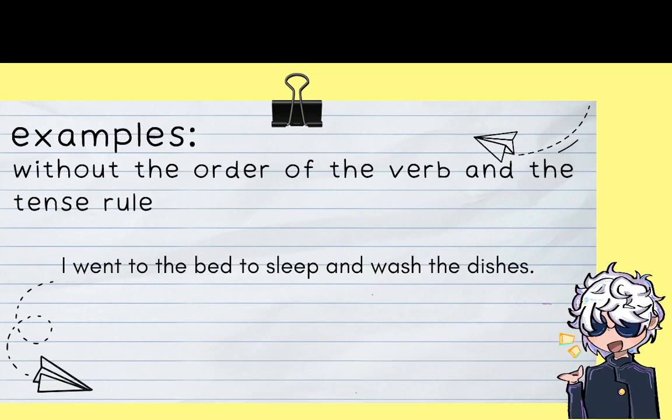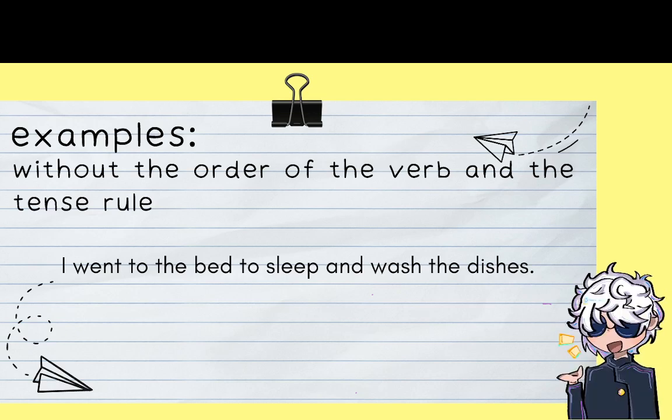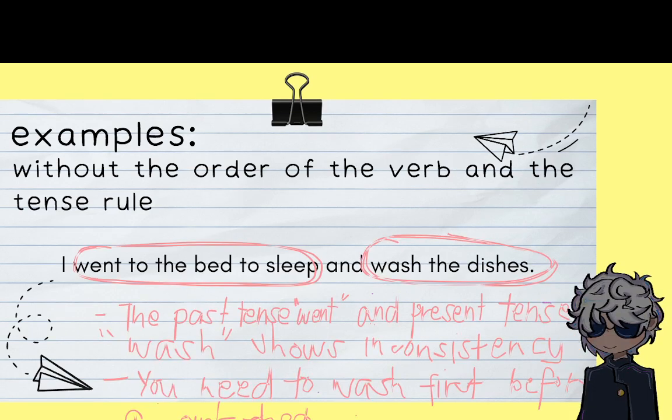And another example, without the order of the verb and tense rule: I went to the bed to sleep and wash the dishes. As you can see, there is already a mistake here in the sentence. First is, I went to the bed to sleep.